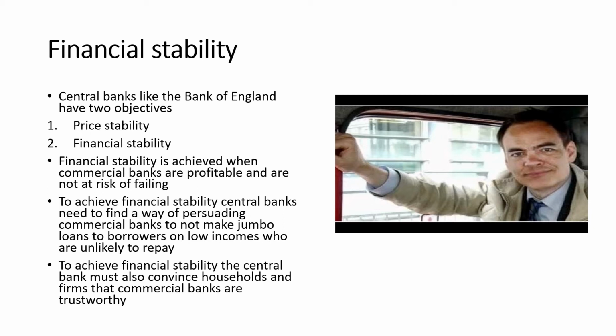So to achieve financial stability, the central bank must also convince households and firms that commercial banks are trustworthy. If that's not the case, then what people start to do is put their savings under the mattress and store their wealth outside financial markets, which creates problems because businesses can't obtain loanable funds to purchase capital with if households are stashing their savings at home under the mattress rather than inside the banking system.